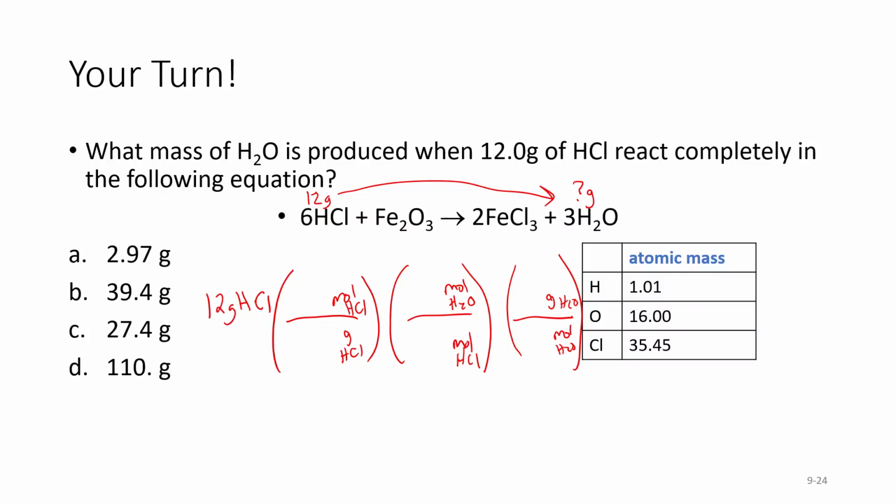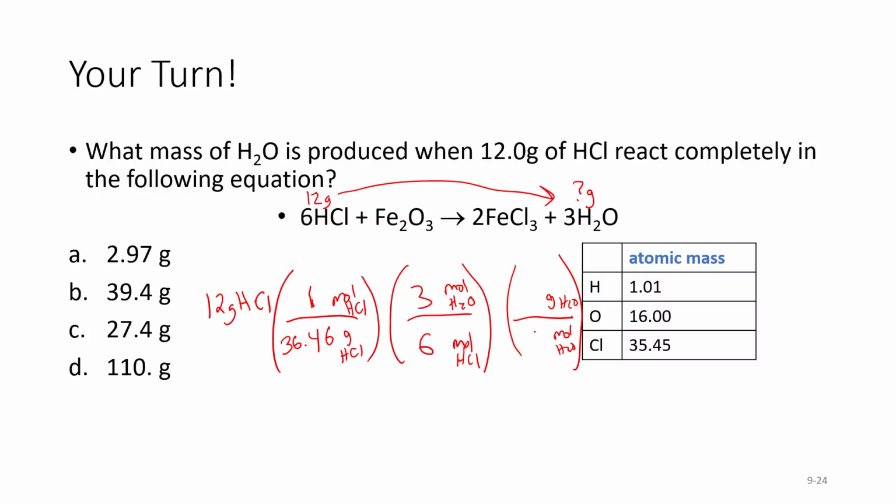conversion factors. Since this is the same substance, 1 mole is equal to the calculated mass from the periodic table. 1.01 plus 35.45 gives us 36.46 grams. Here is our mole to mole ratio. We're converting between moles of hydrochloric acid to moles of water. We're going to use coefficients. So we have a 6 and we have a 3.